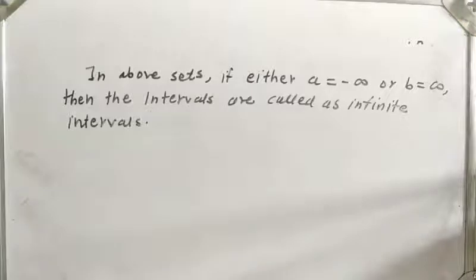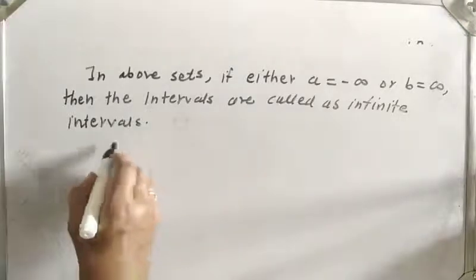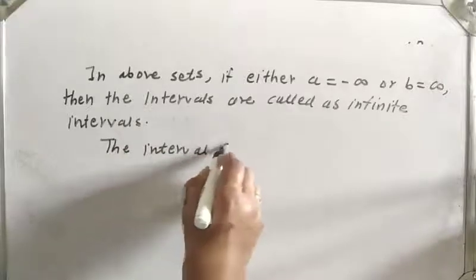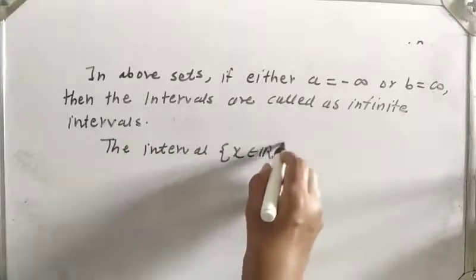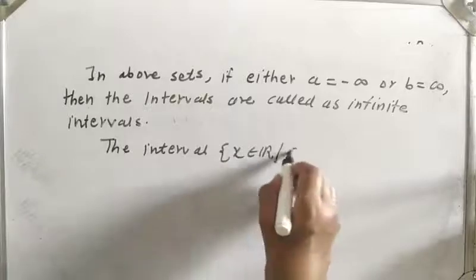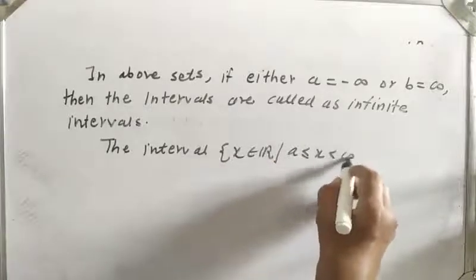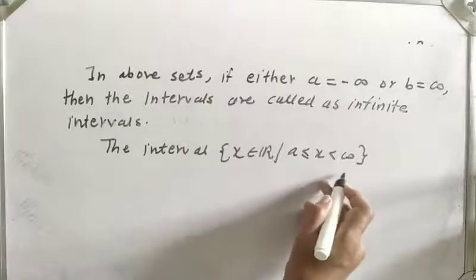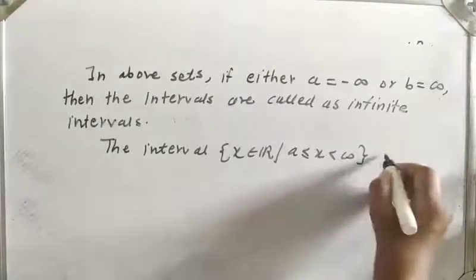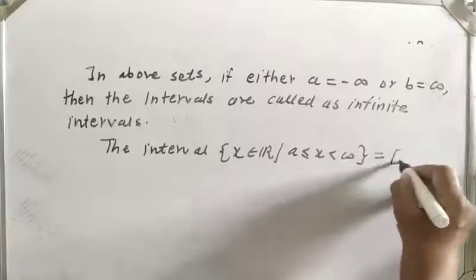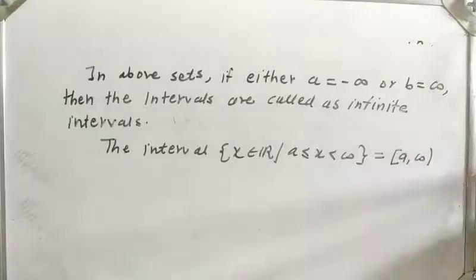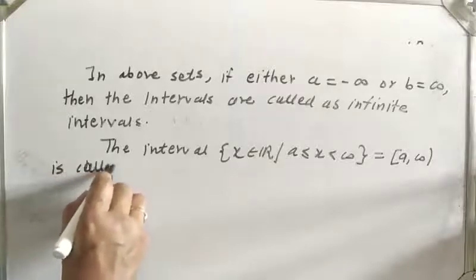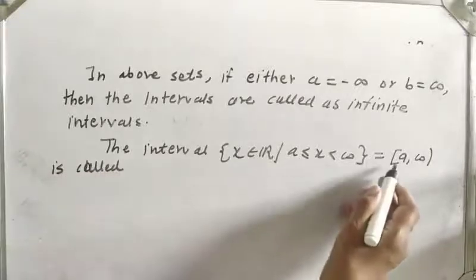Okay, so in that case also, if the interval is x belongs to R, set of all x, such that A less equal x less than infinity, this interval is denoted by A closed, infinity open, and is called a closed interval.